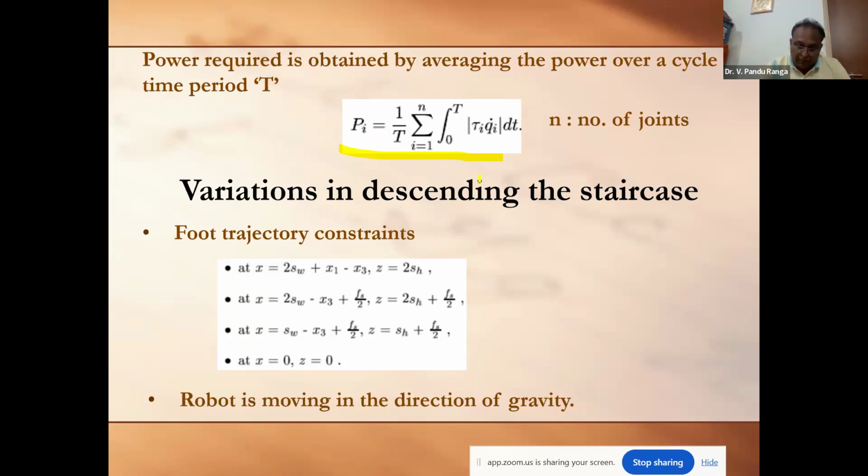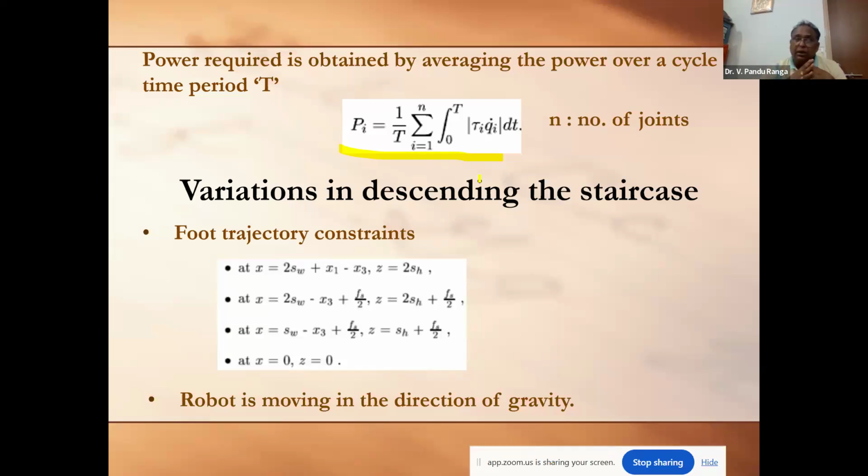Then we also attempted to derive the gait for descending the staircase. Here, the ascending and descending gaits of the biped robot differ in only two ways: establishing the trajectory conditions, and moving the robot in the direction of gravity.